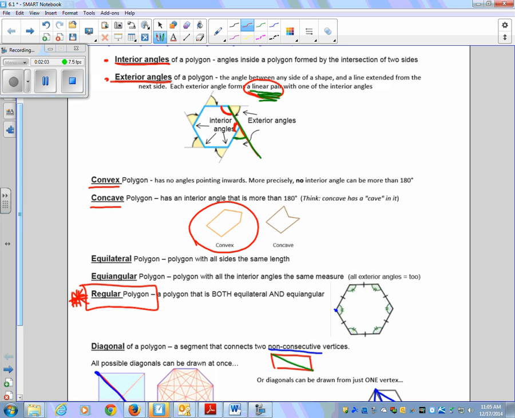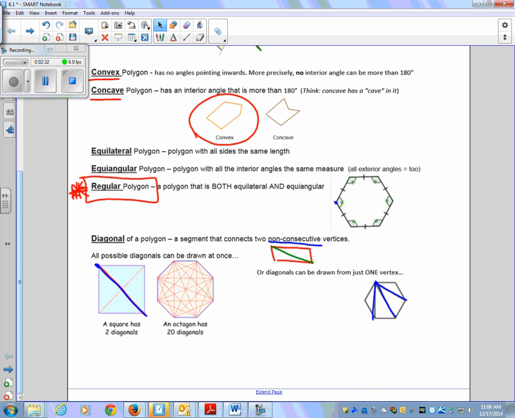By definition, it has an angle that's greater than 180 degrees. So it's like an overextended angle. Sometimes people remember it because it looks like a cave. Right? It's pushed in. Kind of looks like a cave, so concave. But like I said, all of the formulas and the stuff that we're going to be doing is always going to be dealing with convex. So you just really need to know that concave exists.